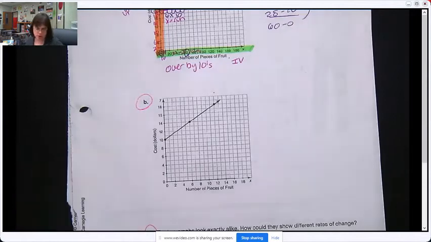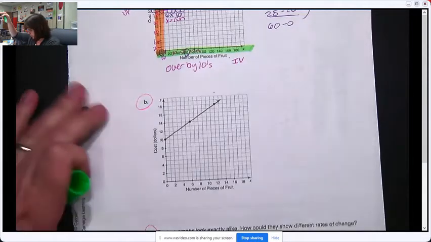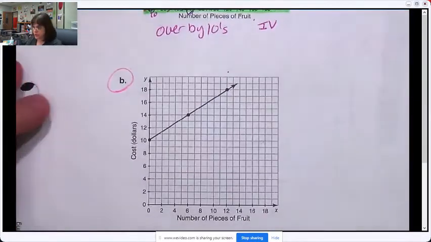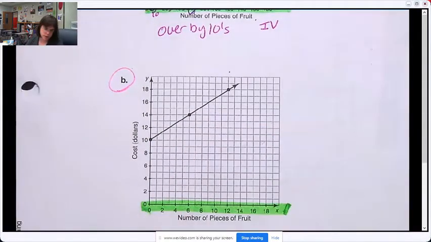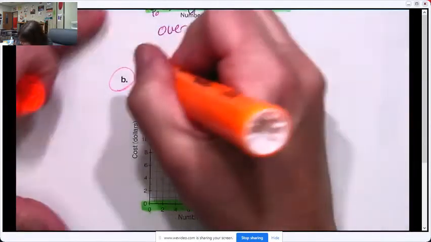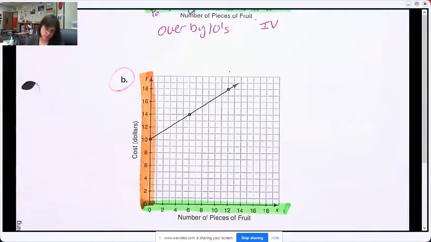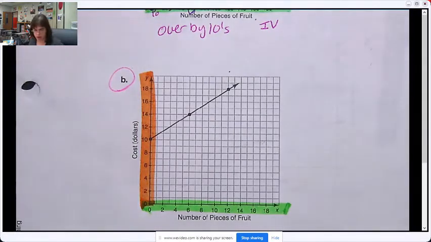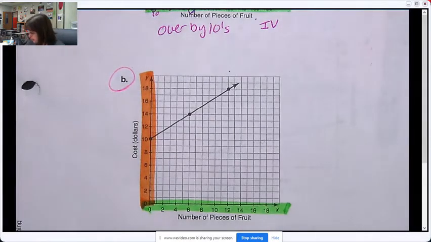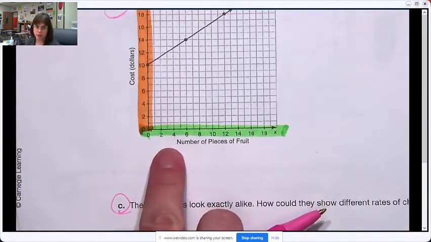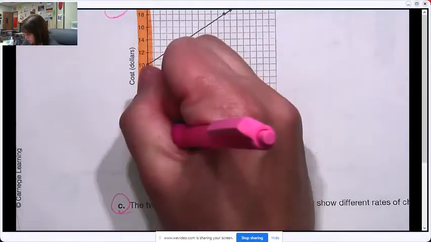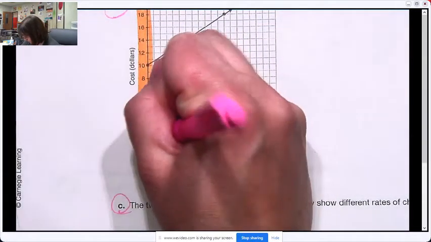All right, so hopefully you've actually attempted this, because it's very important when we do slope that you practice. Just gonna highlight my X, highlight my Y, and then I can come over and I can see that this scale is different. It's not going over by tens. This is going over by, you guys see it? Half of 2 is 1.